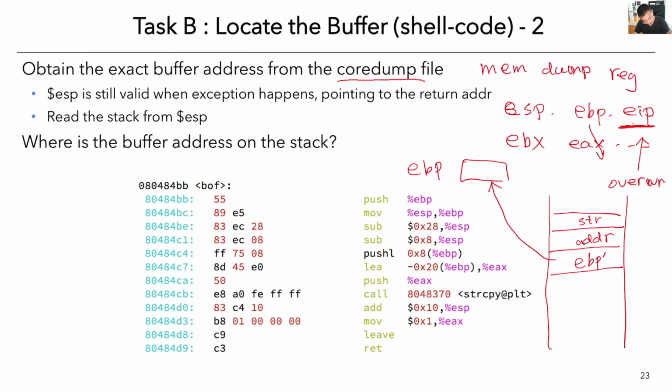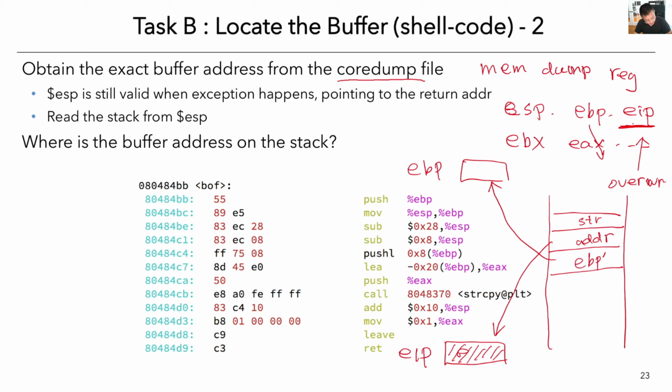Then the return address will be loaded into the EIP register. So when this happens, your program will continue execution under the compromised return address. So this will cause an exception.